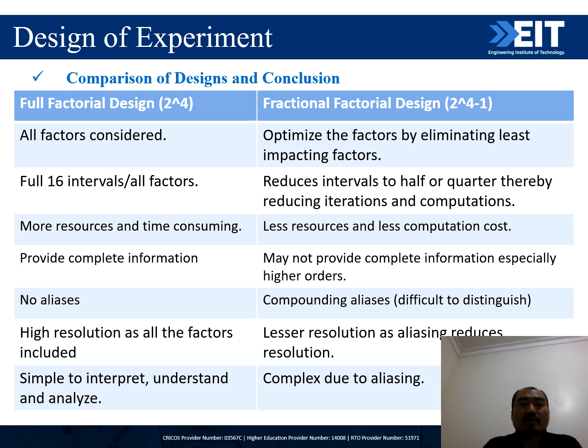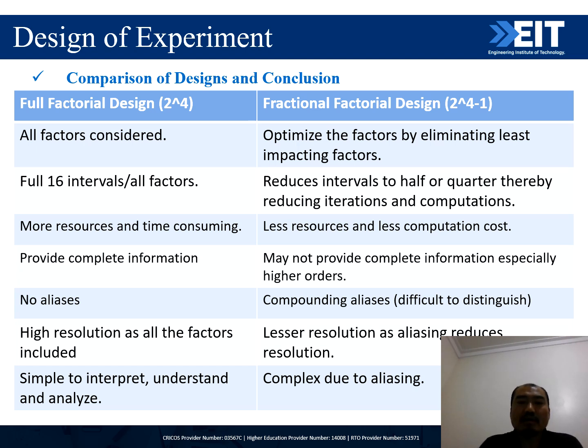And full factorial designs can provide the complete information because of consideration of all the factors, whereas the fractional design may not provide complete information, especially the higher orders, because of the aliases or neglecting of those higher order ones.